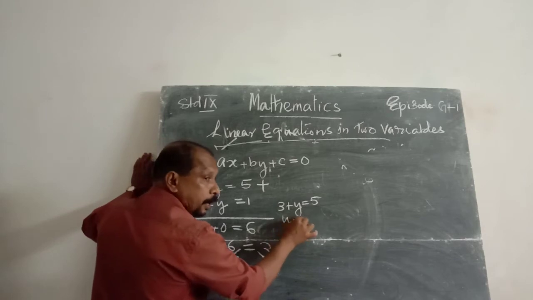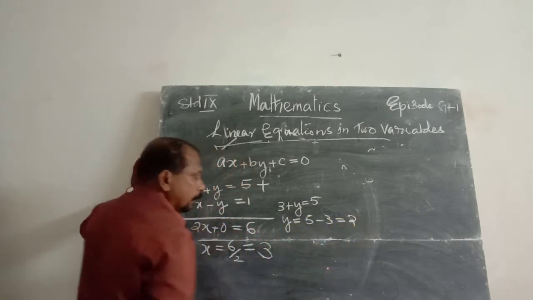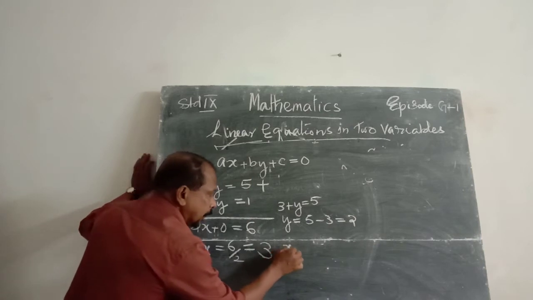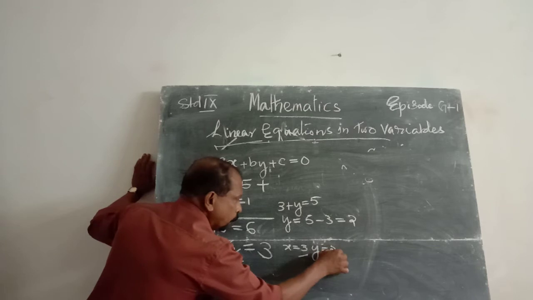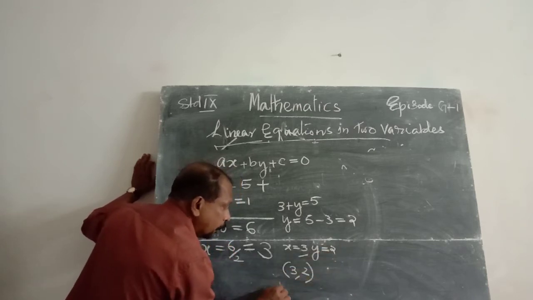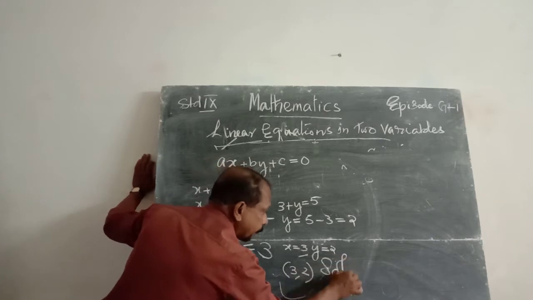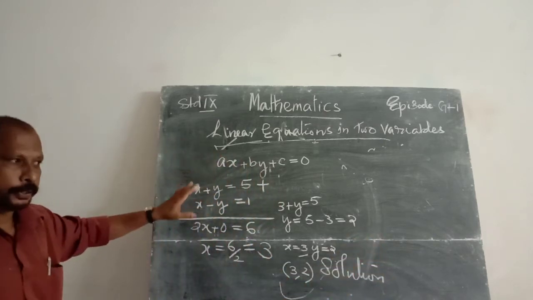Therefore, y is equal to what? 5 minus 3 is equal to 2. Therefore, x is equal to 3, y is equal to 2. That means 3 comma 2 is the solution of these two linear equations.